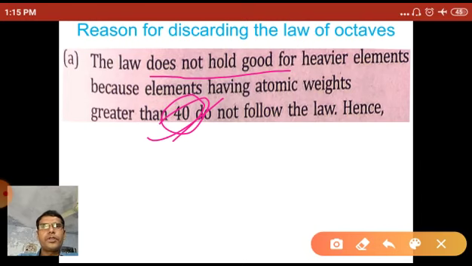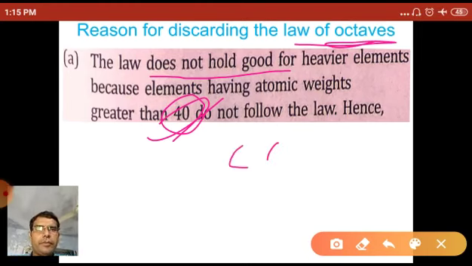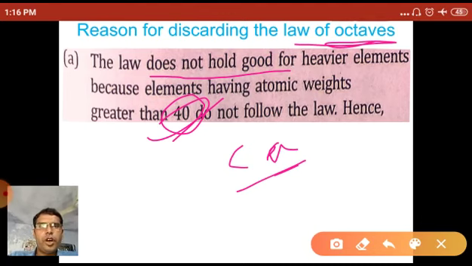That is, Newland's octave law is applicable up to calcium. Beyond calcium, scientists faced a lot of difficulties arranging the elements according to Newland's octave law, because the similar properties of the elements were not repeated at the interval.